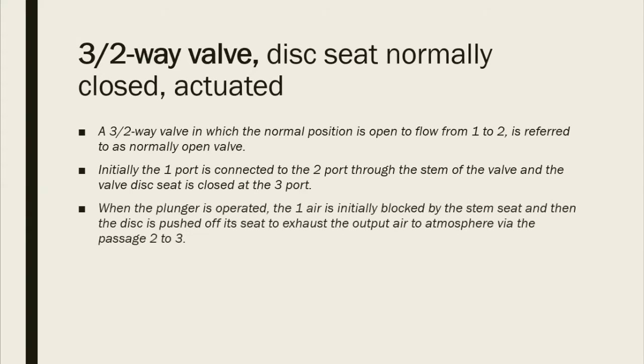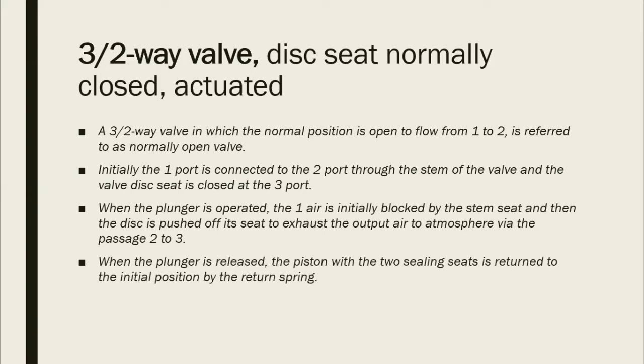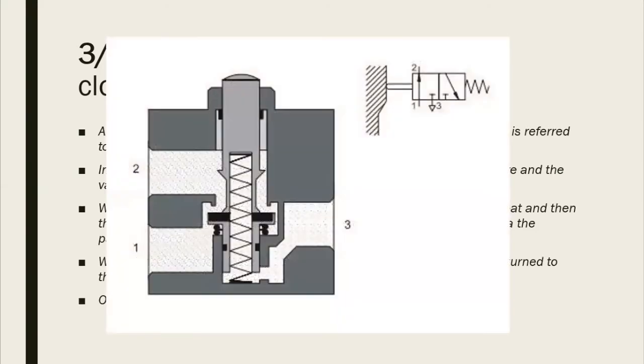When the plunger is operated, the air at 1 is initially blocked by the stem seat and then the disc is pushed off its seat to exhaust the output air to atmosphere via the passage 2 to 3. When the plunger is released, the piston with the 2 sealing seats is returned to the initial position by the return spring. Once again, the 3-port is blocked and air is supplied from 1 to 2.